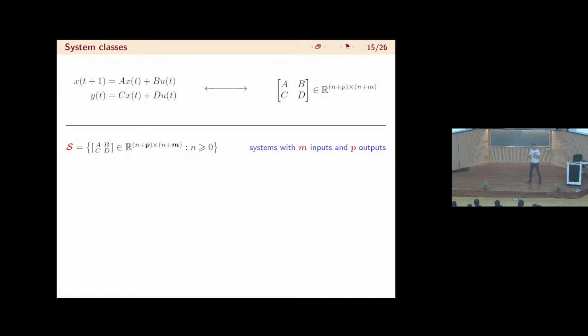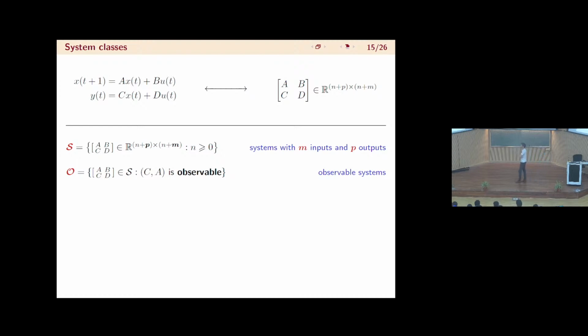I denote all of these systems by this set S. So S contains all input state output systems with exactly p outputs, exactly m inputs, and an arbitrary number of states n greater or equal to 0.